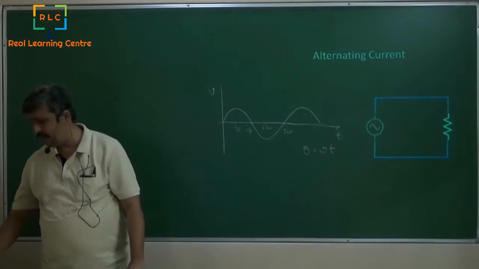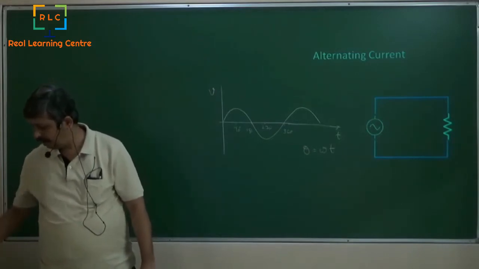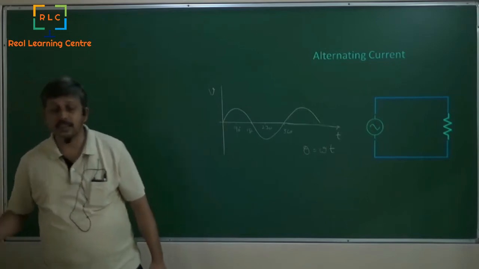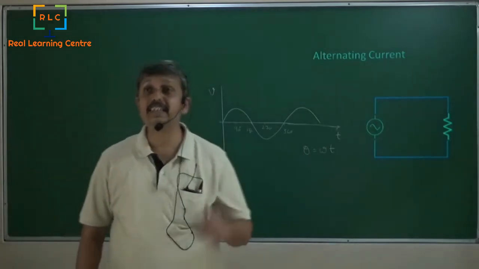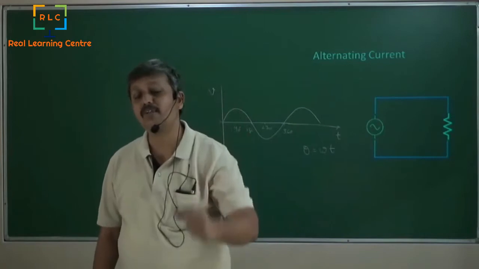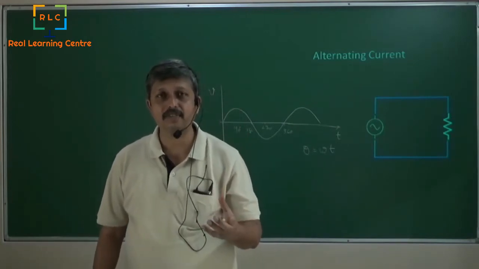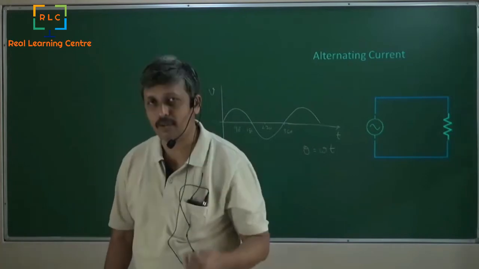For the supply of electricity to homes, when Edison tried it out initially, it was in terms of DC voltage. They were not running any wire. They used to charge batteries and deliver the batteries in a truck to your home.